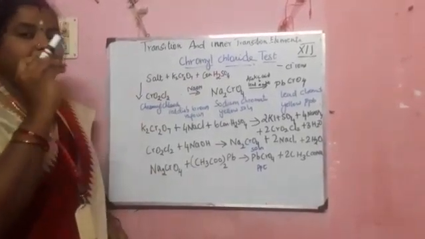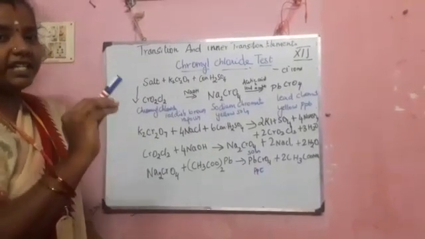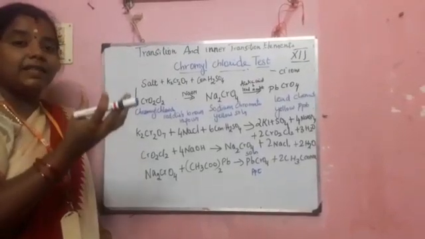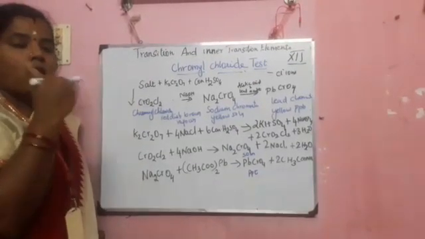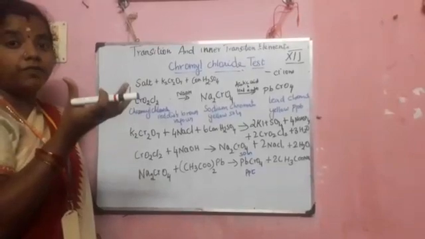Then you add a pinch of potassium dichromate and add concentrated sulfuric acid. Then you heat the test tube, allowing the mixture to heat for a while. Later it emits red orange vapor as dense fumes.